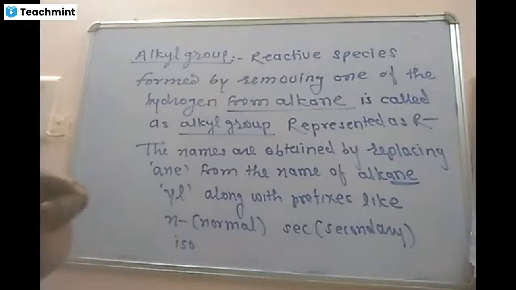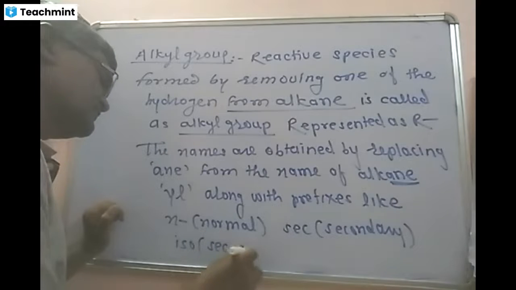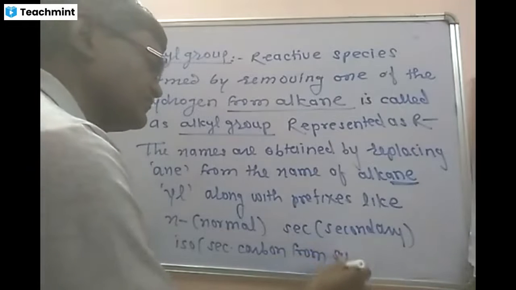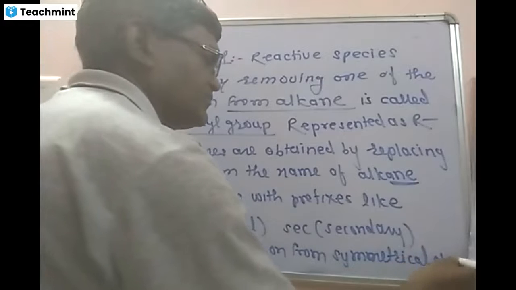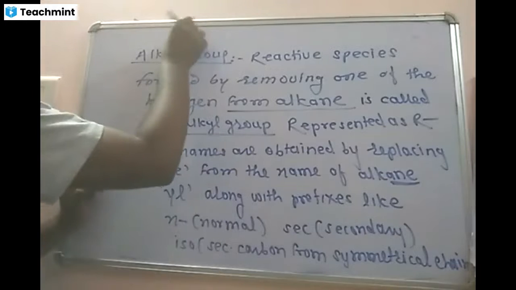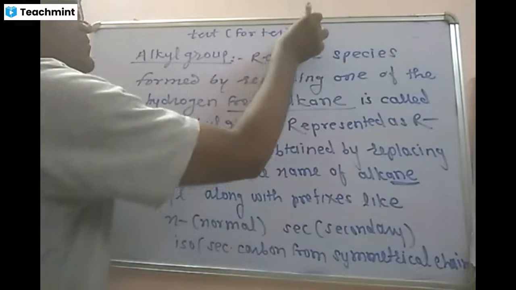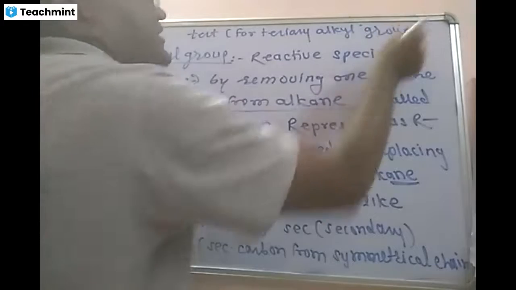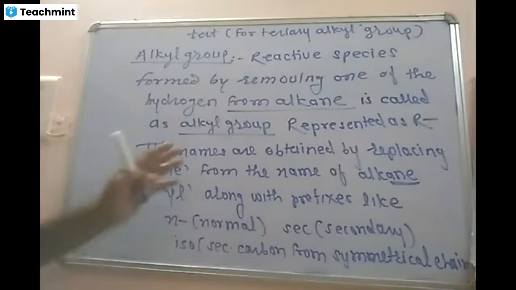This one is your iso, meaning this is particularly for a symmetrical chain. Then prefixes like tert or t only for tertiary alkyl group. Means you are removing the hydrogen from tertiary carbon, so you are getting a tertiary type of alkyl group. So I think you are getting all these things.